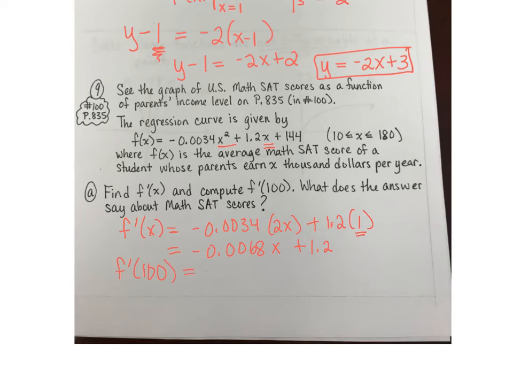We get negative 0.68 plus 1.2, which means we get 0.52 points per $1,000 increase in income level. So when it says, what does the answer say about math SAT scores, that means at an income level of $100,000, a student's math SAT score increases at a rate of 0.52 points per $1,000 of additional income.